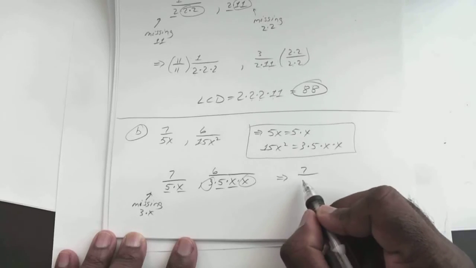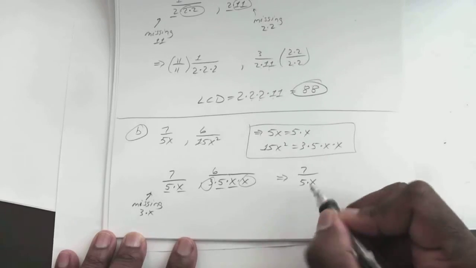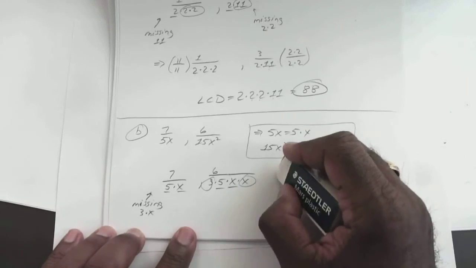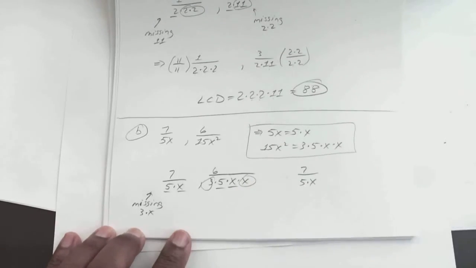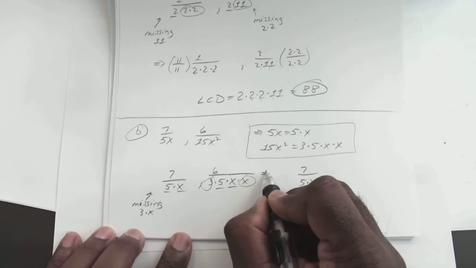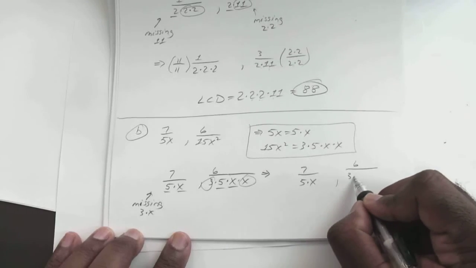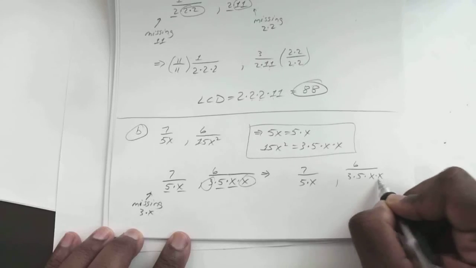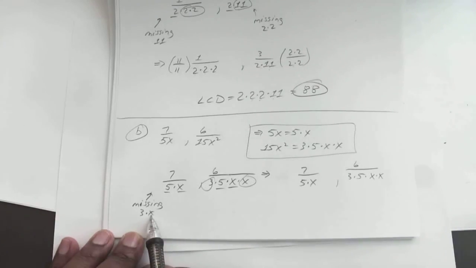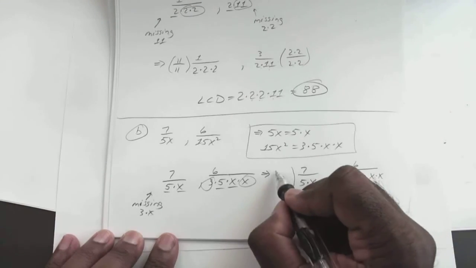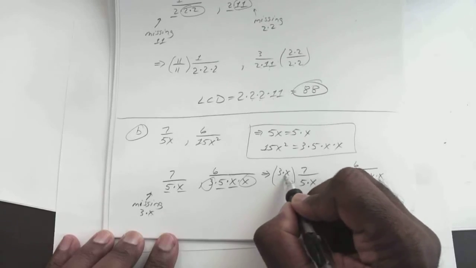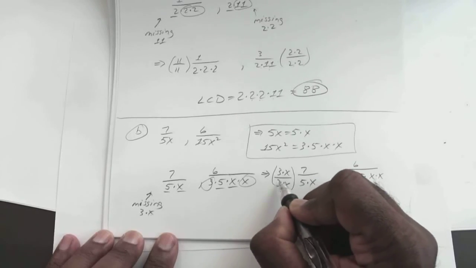Okay, so you have 7 over 5 times x. Give that a little more room. And 6 over 3 times 5 times x times x. We're missing our 3 times x, so that means you multiply this one by 3 times x over 3 times x.